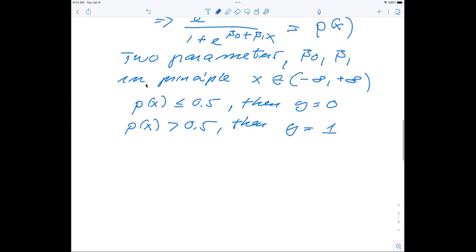And what you see now is that the probabilities, if I now define, so what I'm going to do now is to introduce a kind of shorthand. I'm going to use a notation now where p of x is given by this function, e to the beta 0 plus beta 1 times x over 1 plus e to beta 0 plus beta 1 times x. And this is the one which I'm going to have.